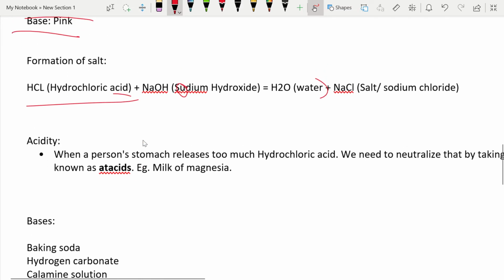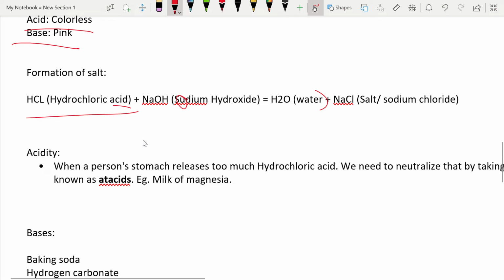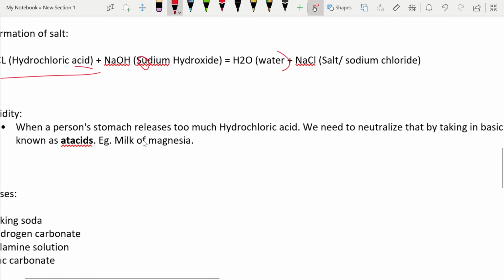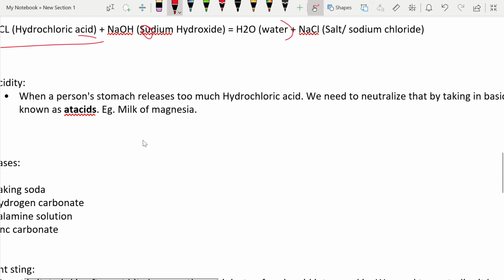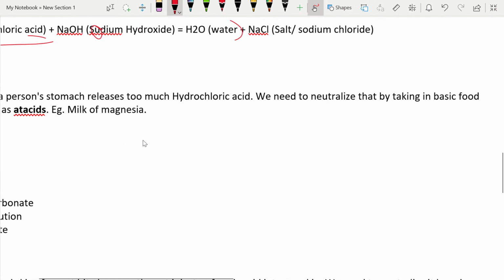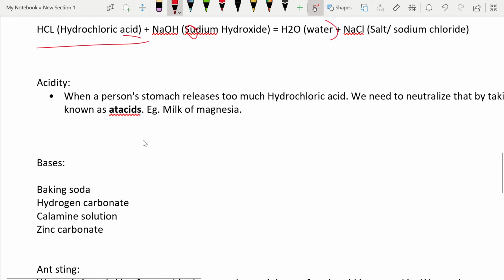Now there are neutralization things that we always do around us, you might have seen. Acidity, very important. When a person's stomach releases too much hydrochloric acid, we need to neutralize it by taking in basic foods known as antacids.